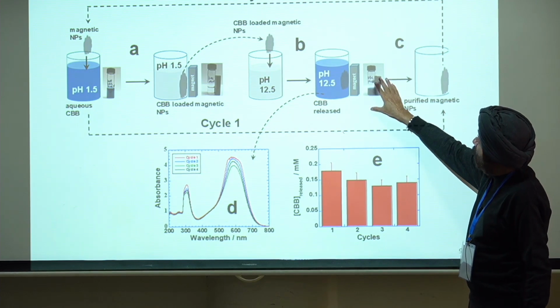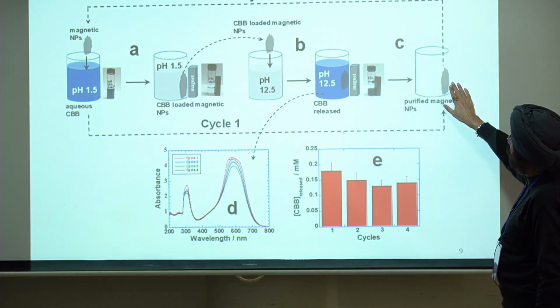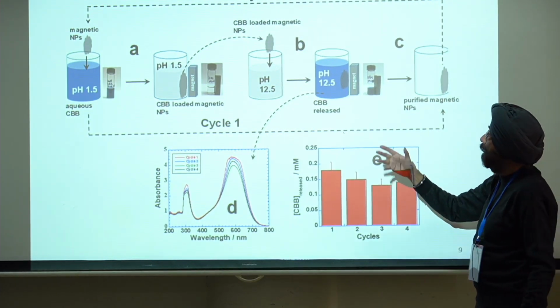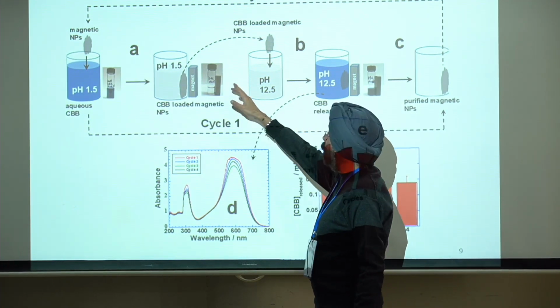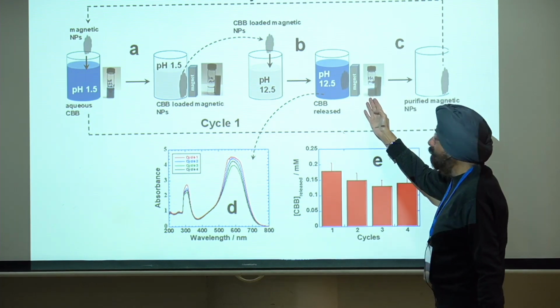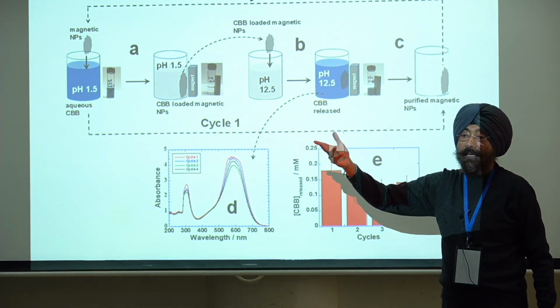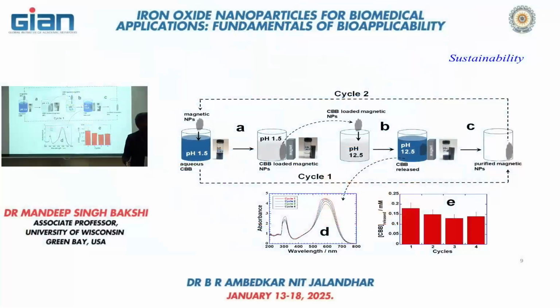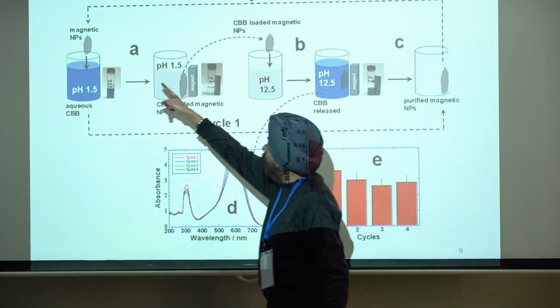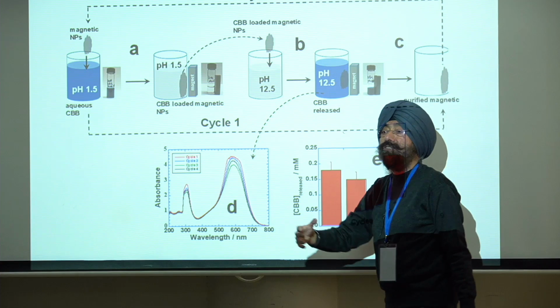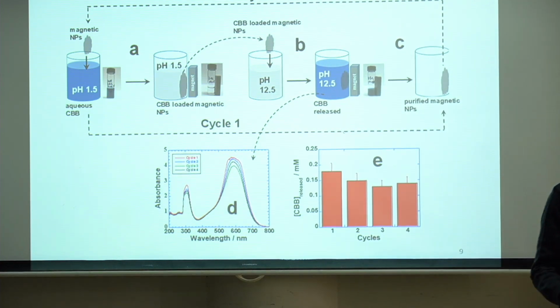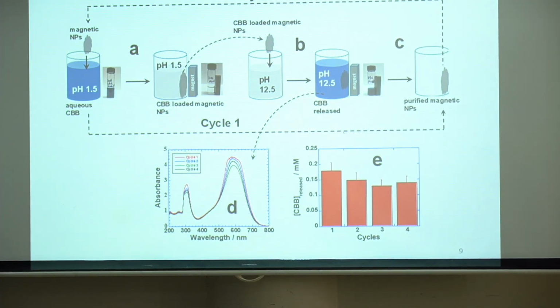What you could do is again collect the magnetic nanoparticle. I mean to say that this is the purified water. You have thrown away the dye in some, I would say, discarded bottle, right? And then again pick the same lot of magnetic nanoparticle and put it in a fresh lot of contaminated water. You can recycle the same lot of magnetic nanoparticles. You don't need any fresh magnetic nanoparticle.